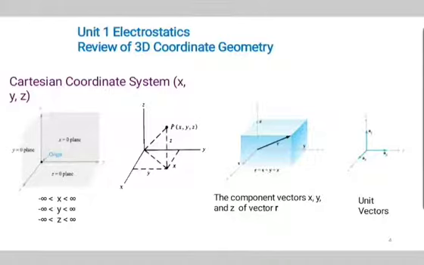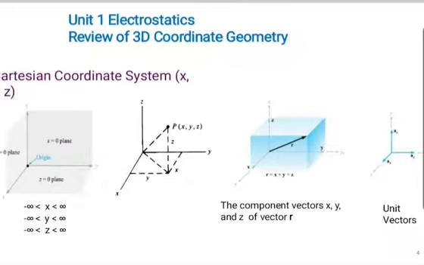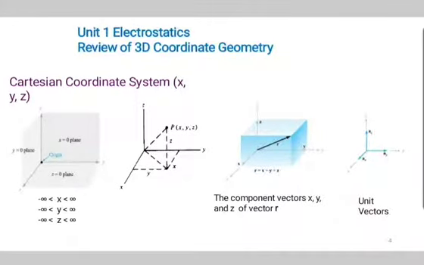So here point P in this coordinate system is defined by the three coordinates, that is x, y and z. Here we can see the point P in the second diagram, that it is defined by the three coordinates, that is x, y and z. So a point is also defined by the intersection of three orthogonal surfaces.